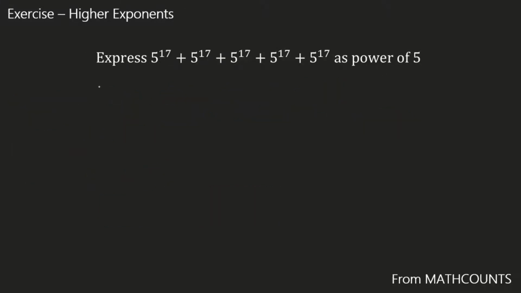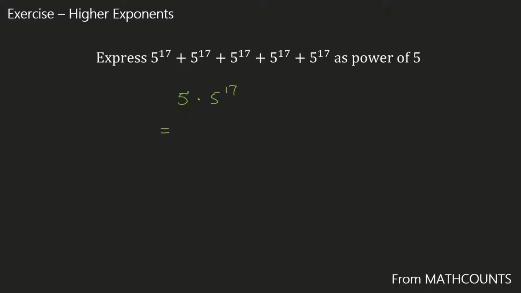Next, let's look at a set of exercises that involves higher exponents. So this problem is asking, express this expression as a power of 5. So in this expression here, there are 5 terms, and they're all identical to each other. So this is simply multiplication. That means we have 5 multiplied by 5 raised to the power of 17.